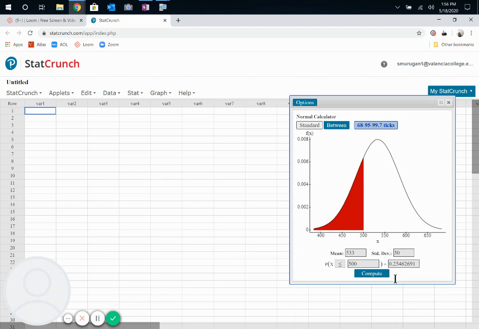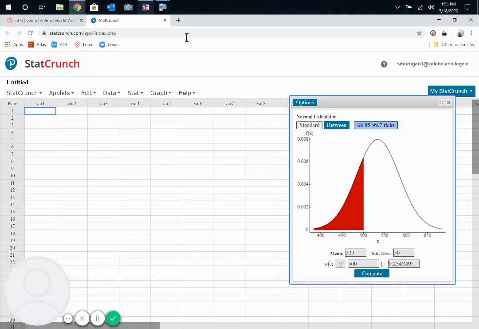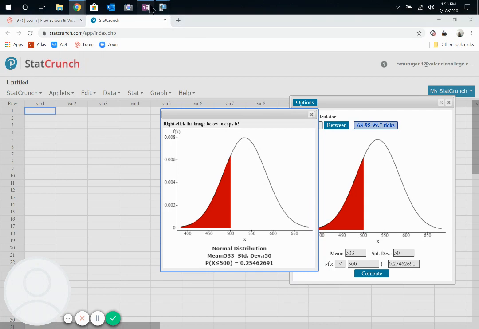I think one of my numbers might be incorrect. What are they asking for? Oh, they want it as a percentage.